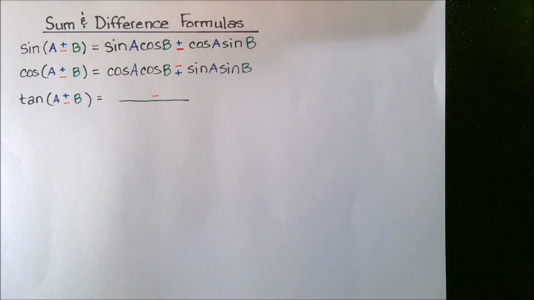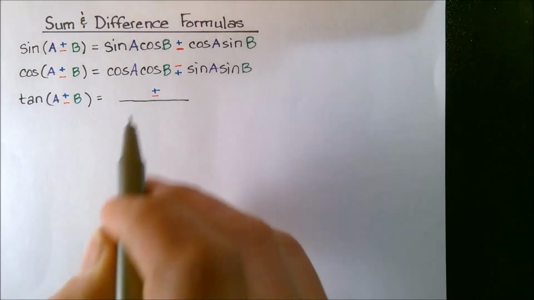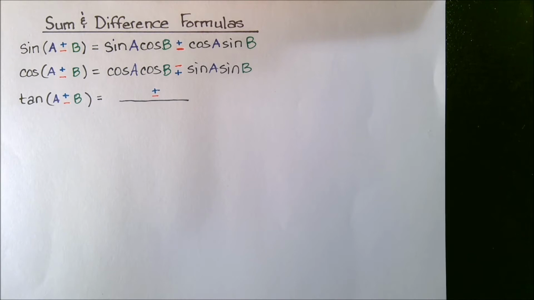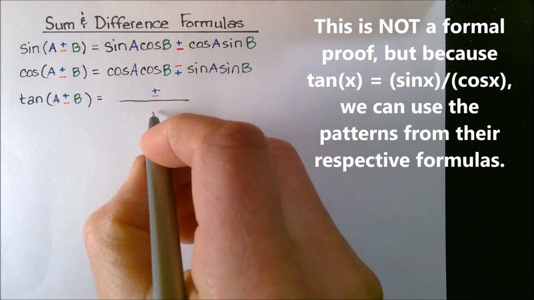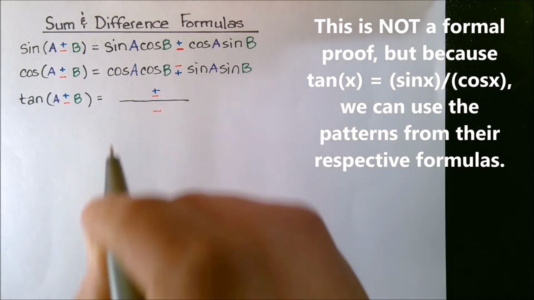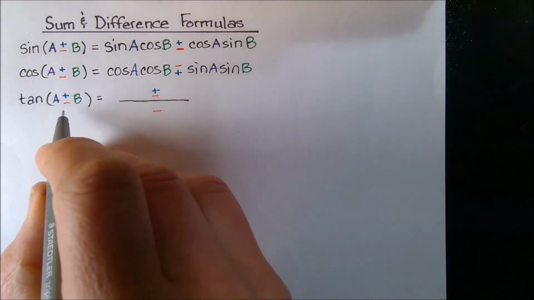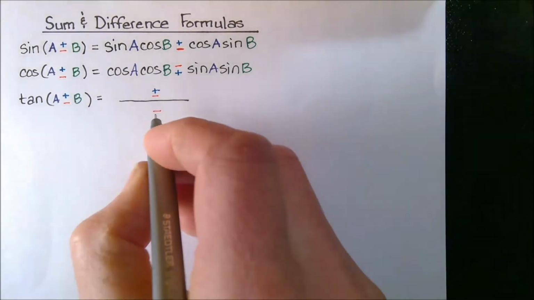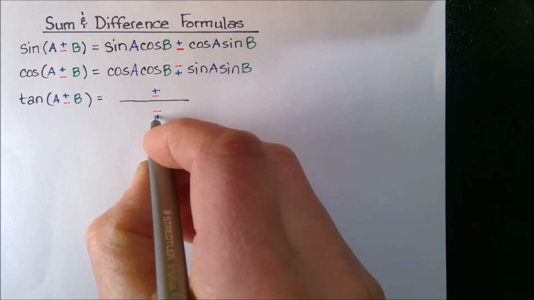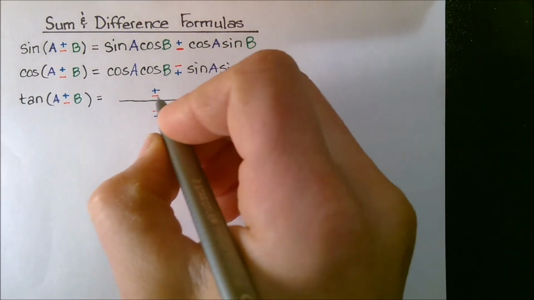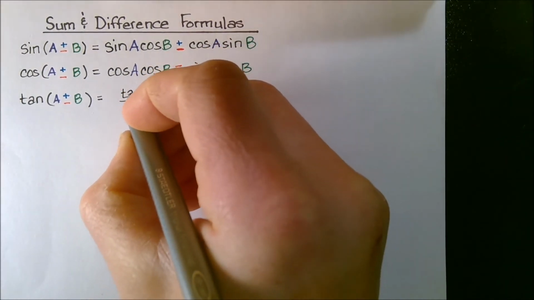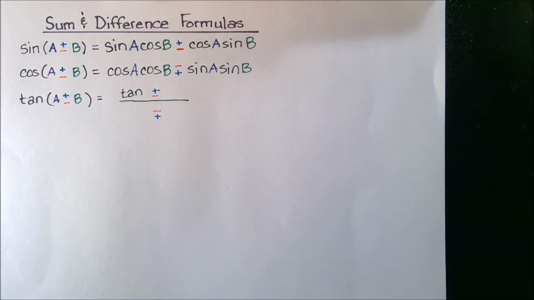So since tangent has sine in the numerator, I like to just put the same sign in the numerator. In the denominator, it'll be opposite. So notice, tangent of a sum is still a sum on top. In the denominator, tangent of a sum becomes a difference. So the only other part to look at is, okay, what goes in here? So you'll have the tangent of the first angle.